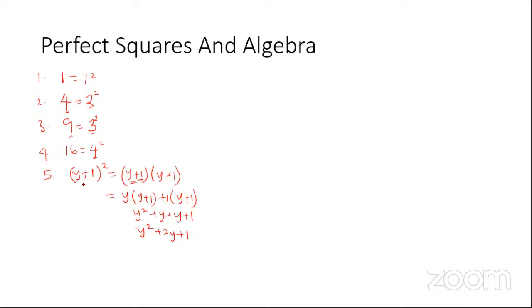So directly now, anytime I want to expand something of this form, I can write directly. Take y squared, we start with it, then 1 squared we end with it. What will be at the middle? I just need to multiply 2 times y times 1. So my expansion of y plus 1 squared is y squared plus 2y plus 1. And if you look at it, I said I was hiding 3. If I put 3 there as y, you realize that I should get 16.